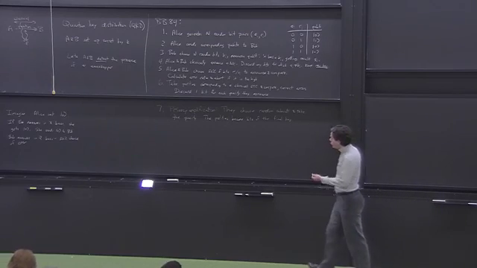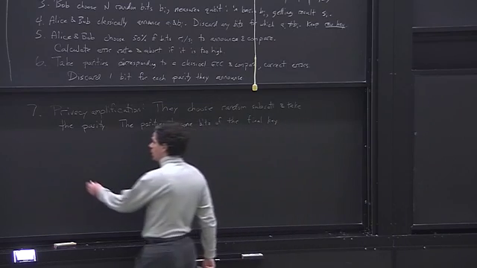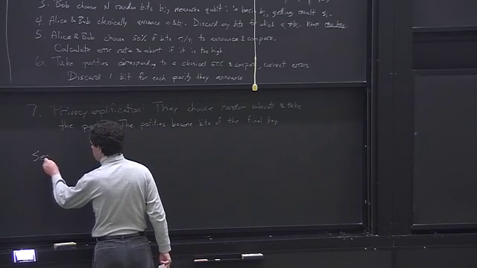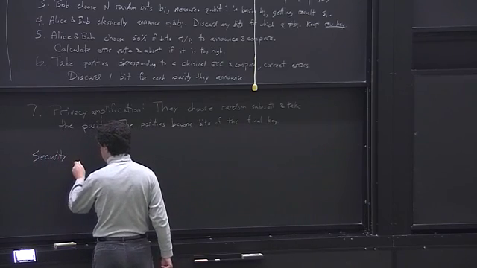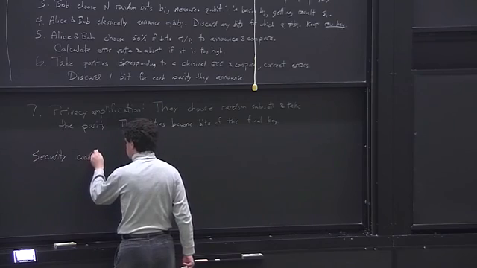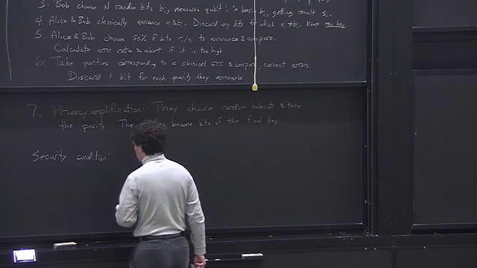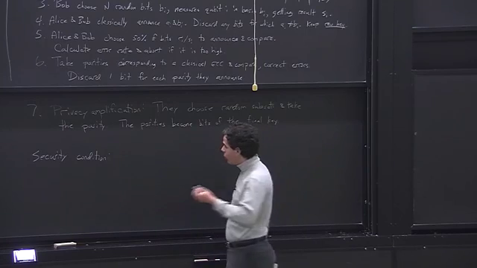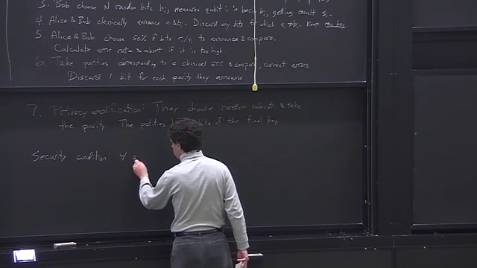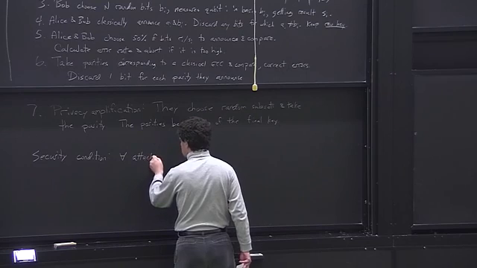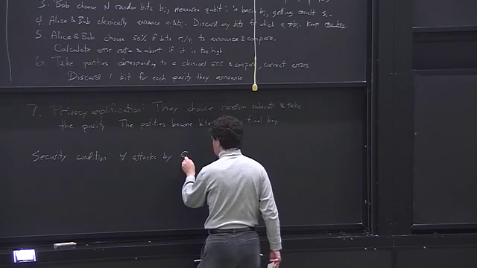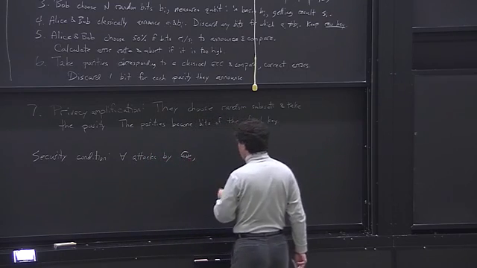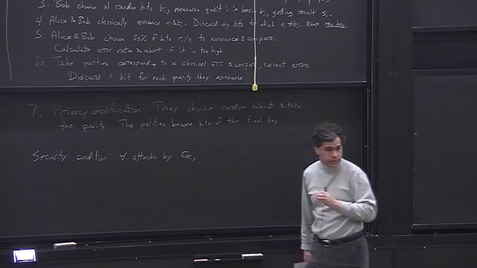Right. So the final upshot is that you get the following security condition. Well, this is a kind of a hand-wavy version. The security condition says that for all attacks by Eve, well, Eve has a choice.